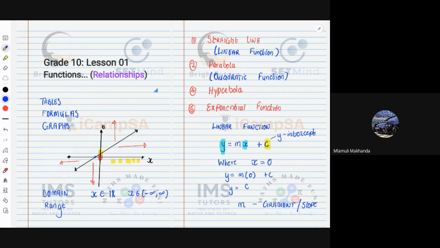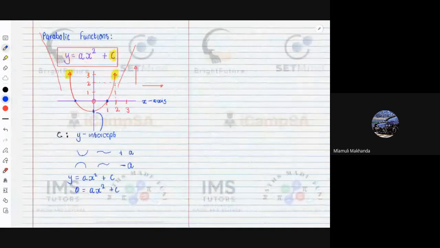So the range will be similar to the domain. So y is the element of real numbers. Not sure if my representation is good. So y is the element of negative infinity up until positive infinity. So this is our range. Y goes with range, X goes with domain. Okay, then let's move on.